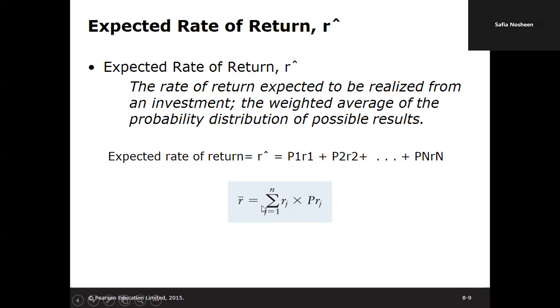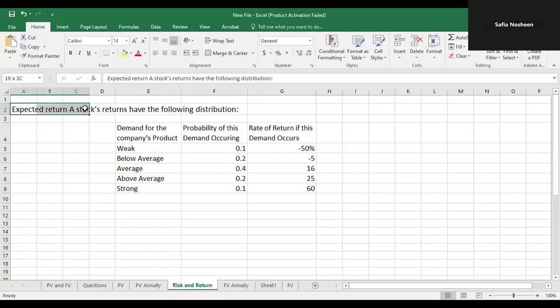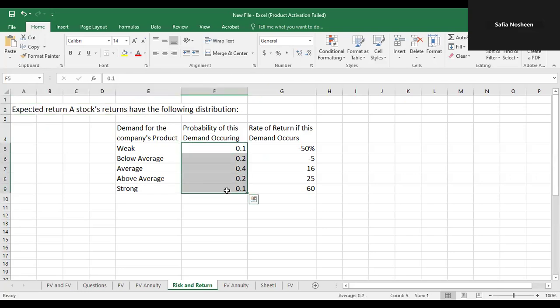So we can do it by doing an example on the Excel sheet. These are the given values. The expected return of the stock is given with the following distribution values.